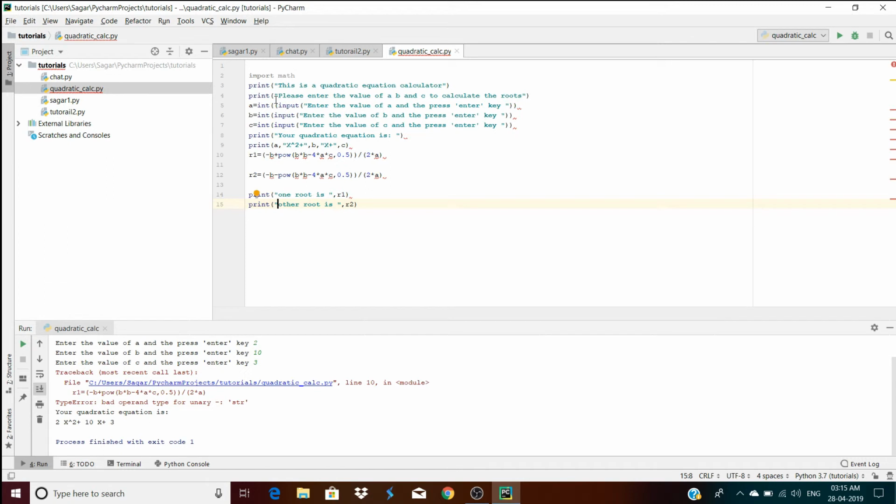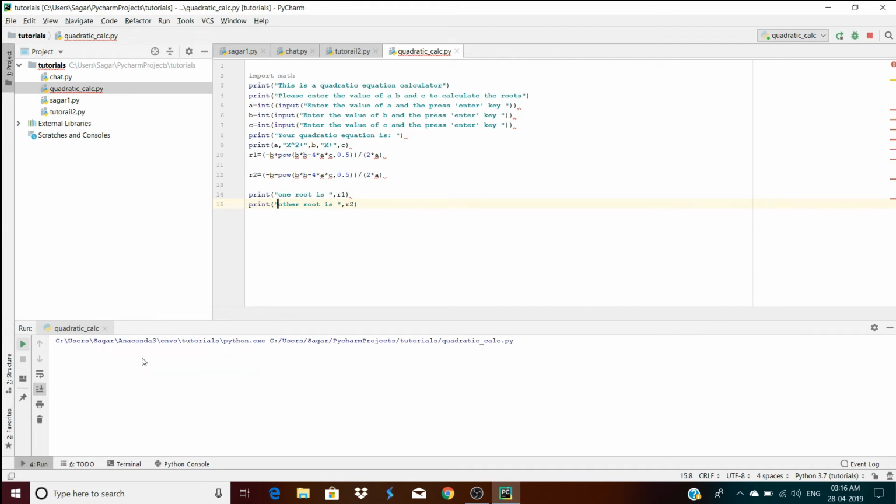It's showing an error here. Why? Let's see which error comes. Oh, it's saying invalid syntax. What? Input of this thing into the value.